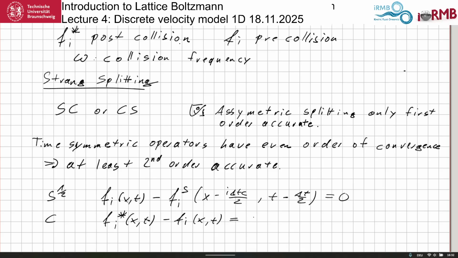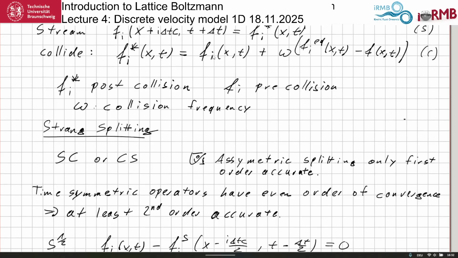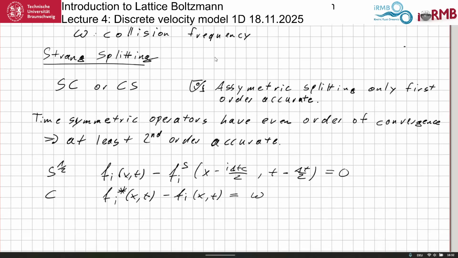Compared to the above, I put this on the other side and have omega, Fi eq at the position x and time t minus Fi at x and t.